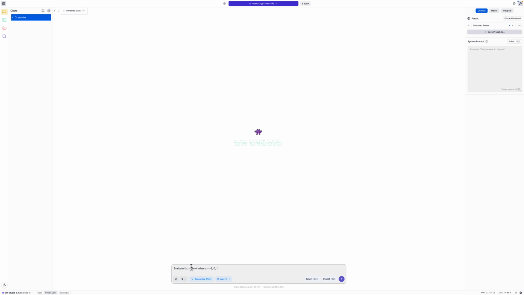I'm going to have OpenAI's OSS do it for me with no internet, just locally. Show the steps on evaluating this function. Okay, let's do it.